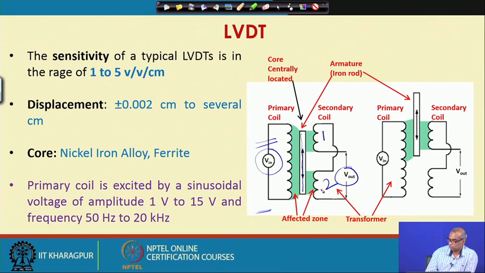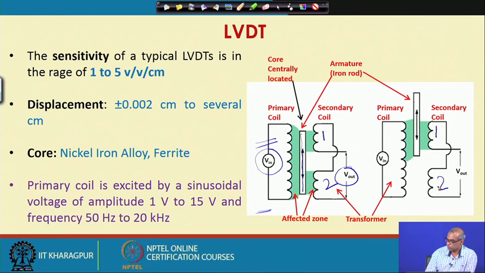Now, when the soft iron core is not centrally located, let us say it is pushed up. So, only this secondary coil, coil number 1 is affected, secondary coil number 2 is not affected. So, the output voltage will no longer be 0.